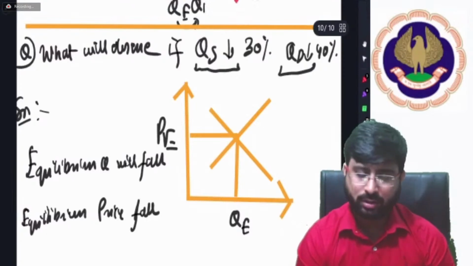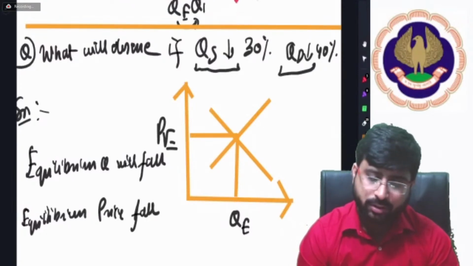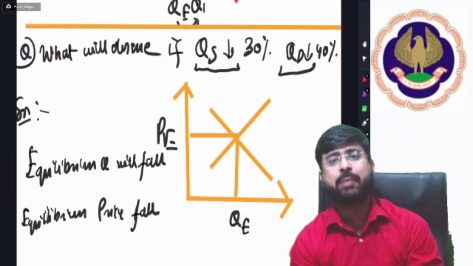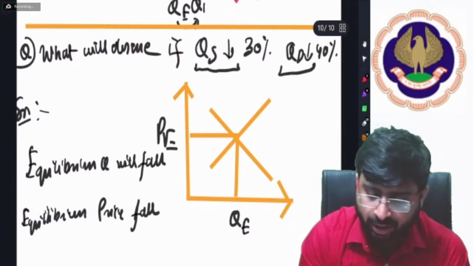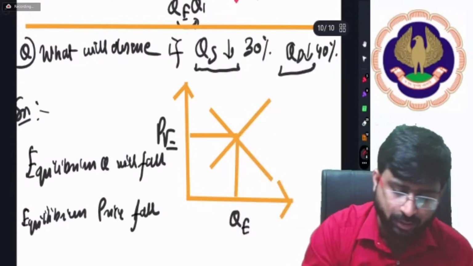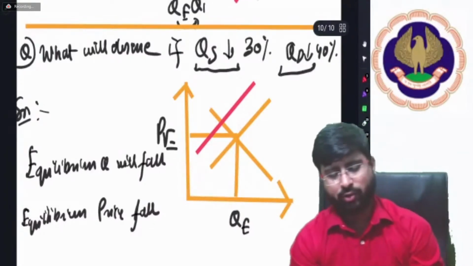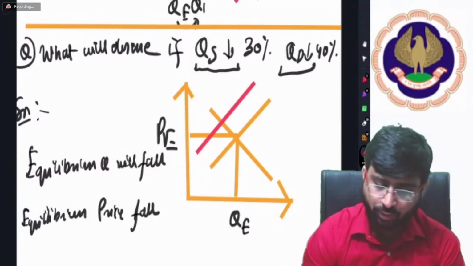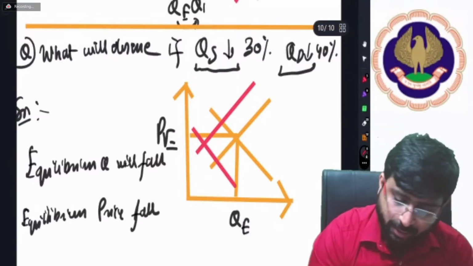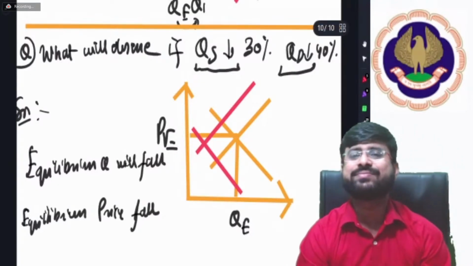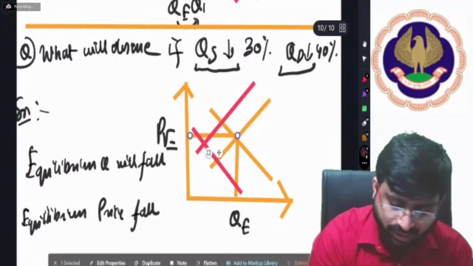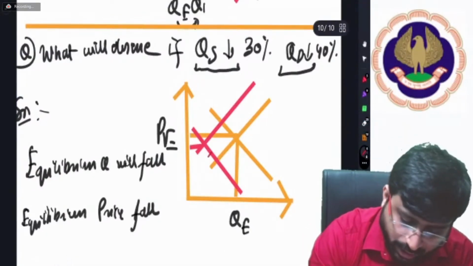Now, what is happening is that quantity supplied is falling, but demand is falling in a greater swing. So if we show the fall, let's say this is a fall in supply, demand will be more drastic. And so the intersection is rather taking place here.